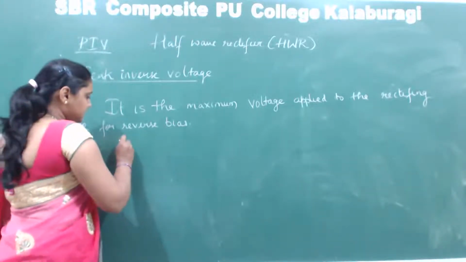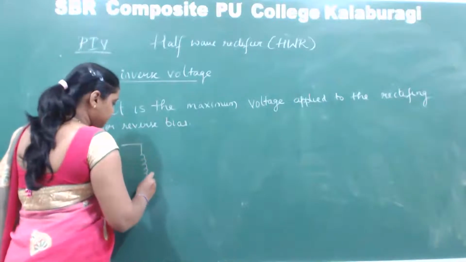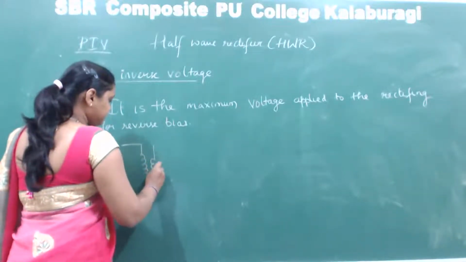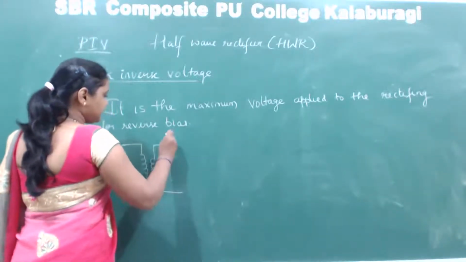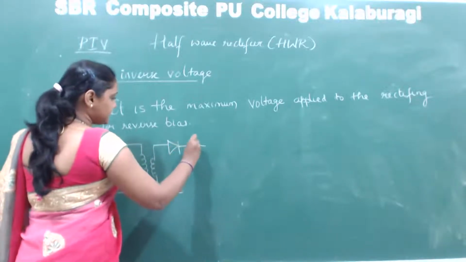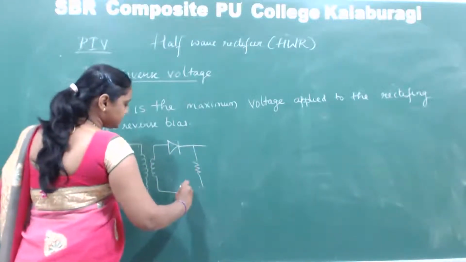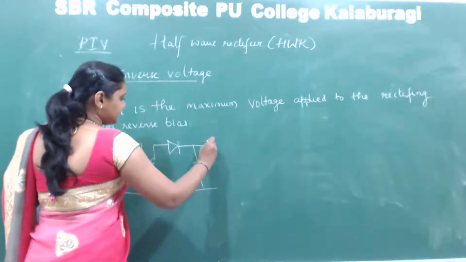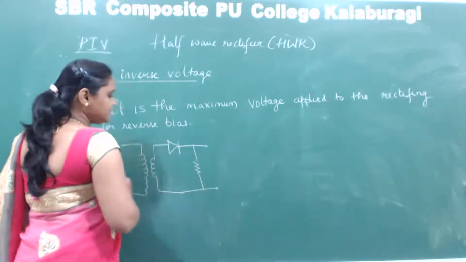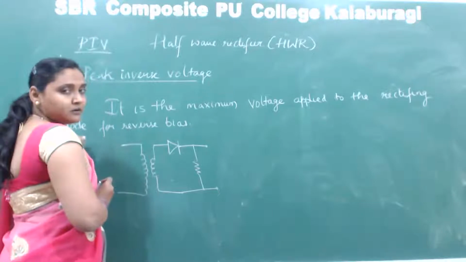So this is the circuit we have seen in the previous class. It has one diode and a resistor, and here we are going to observe the output.